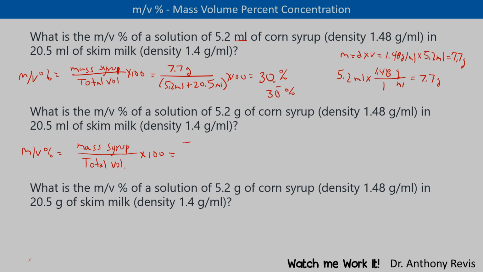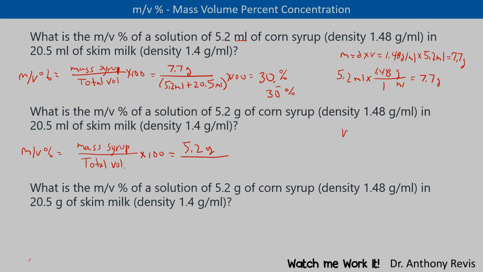In this case, we have 5.2 grams as the mass of the sugar, and we need the volume of the sugar. So we know we have to do a conversion to convert the grams of sugar to mL. Let's just go to the side and do that conversion.